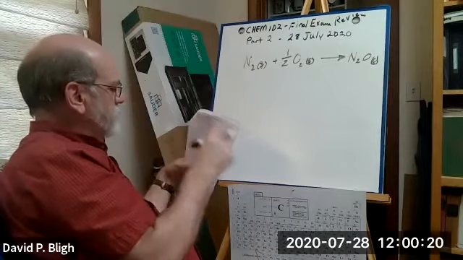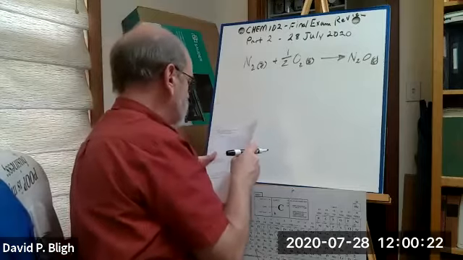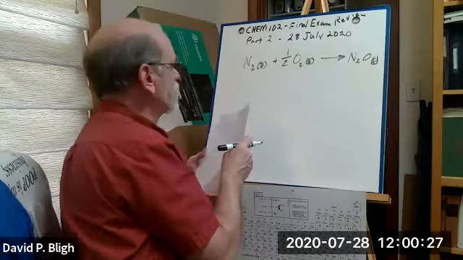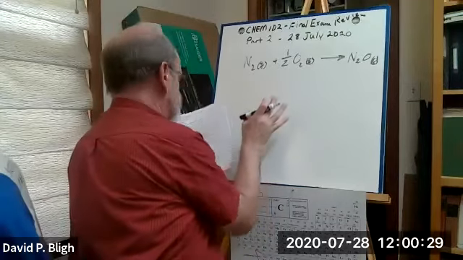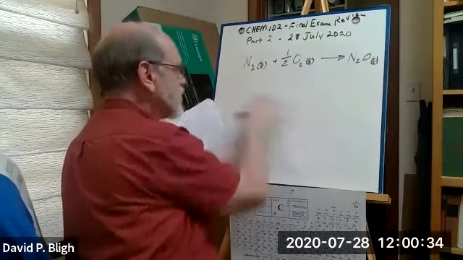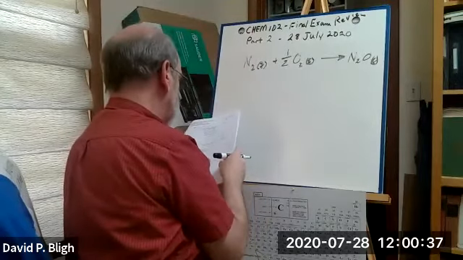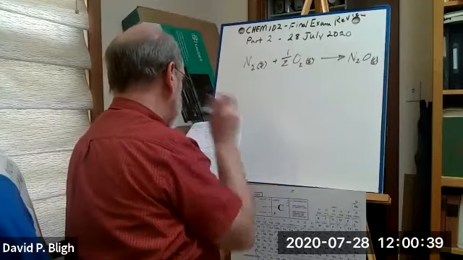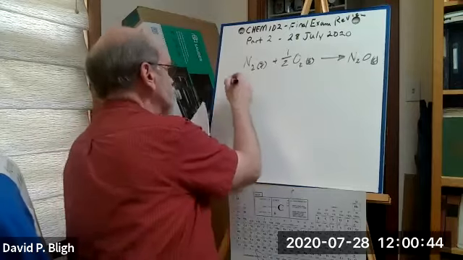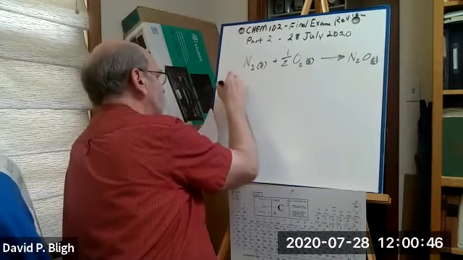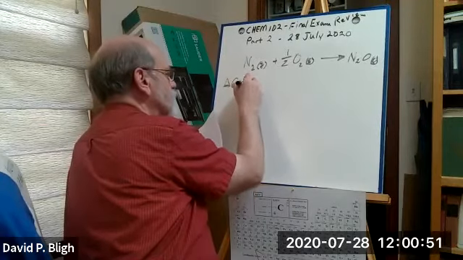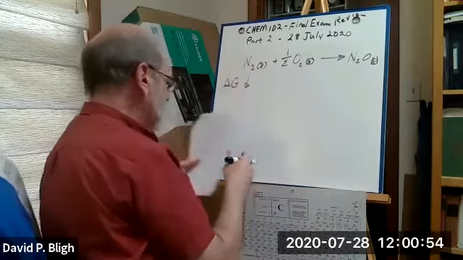So the question is, what changes in conditions here will decrease delta G? We want this to decrease. What changes will decrease that value?